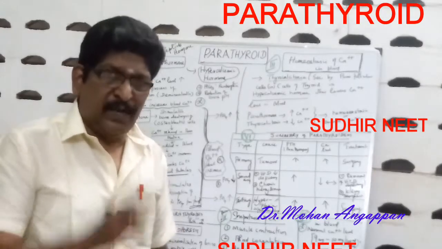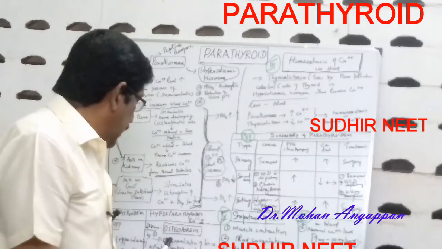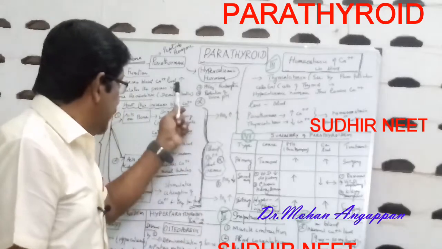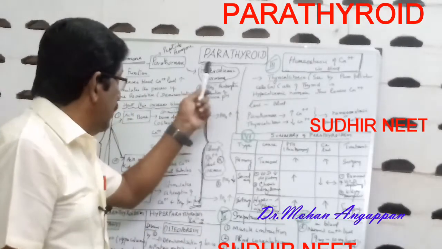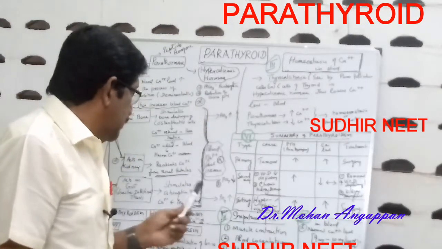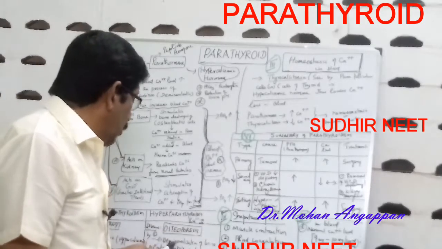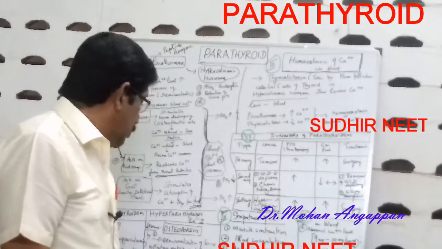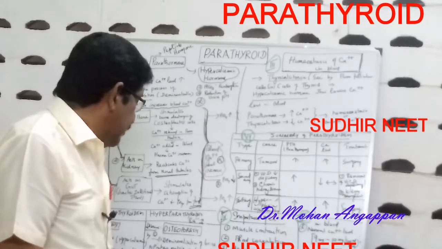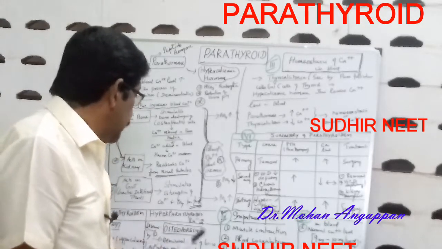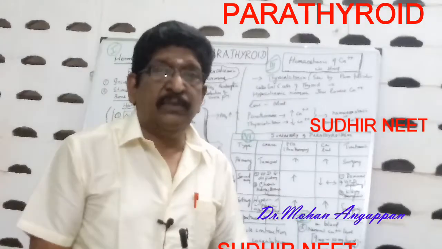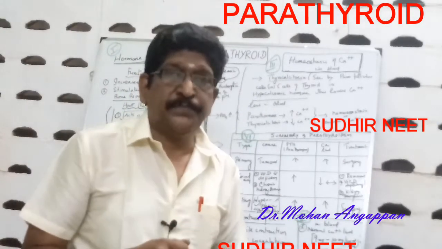Osteoporosis happens by two means. One, demineralization of bones. I told you, if the hormone is more, calcium amount will be more. So how? The demineralization of the bones, and then the protein matrix of the bone is reabsorbed. So hyperparathyroidism leads to osteoporosis.